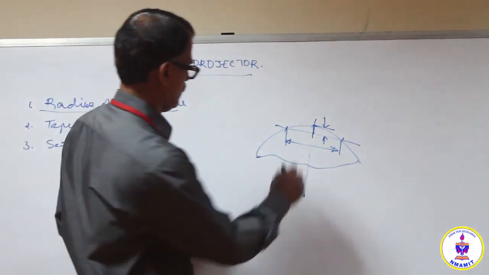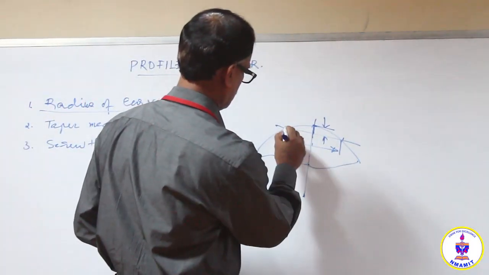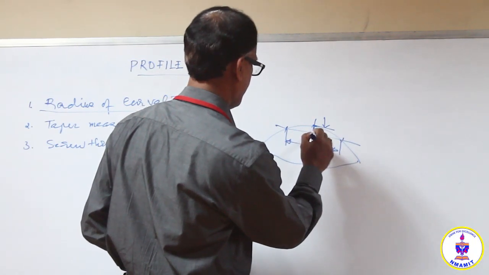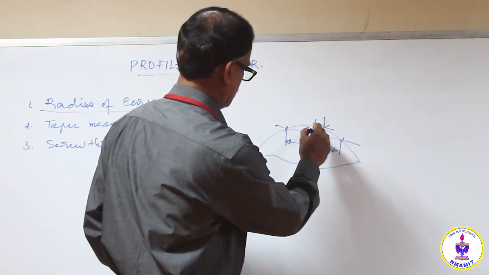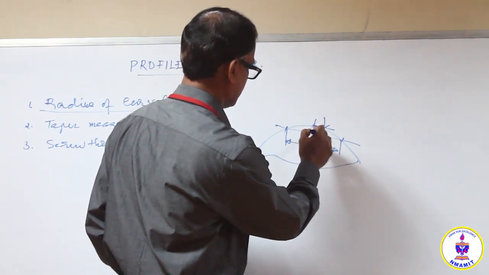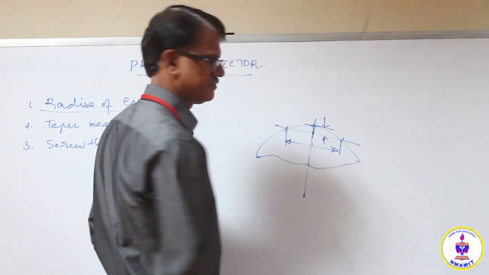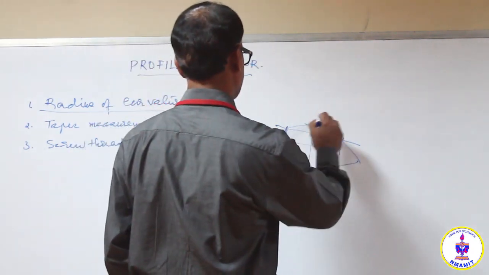If you consider any chord, the length of the chord and the height of the chord, that is the perpendicular distance of this chord from a tangent. So it can be measured anywhere.